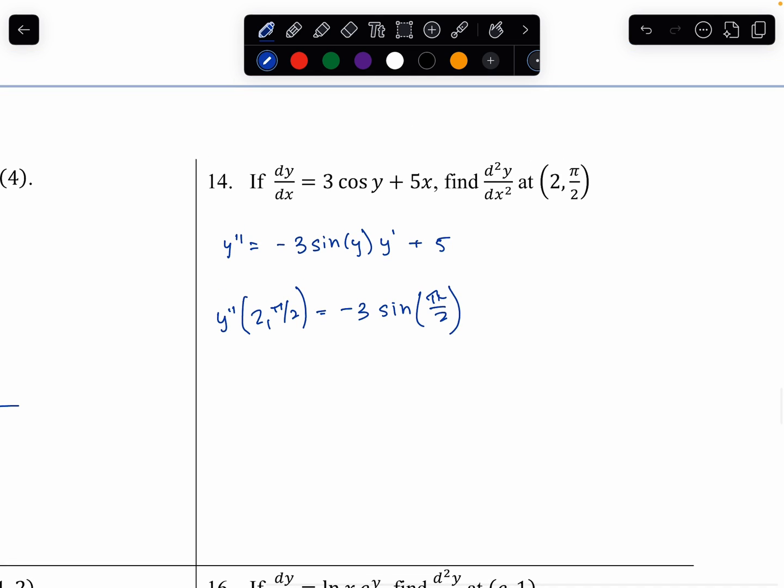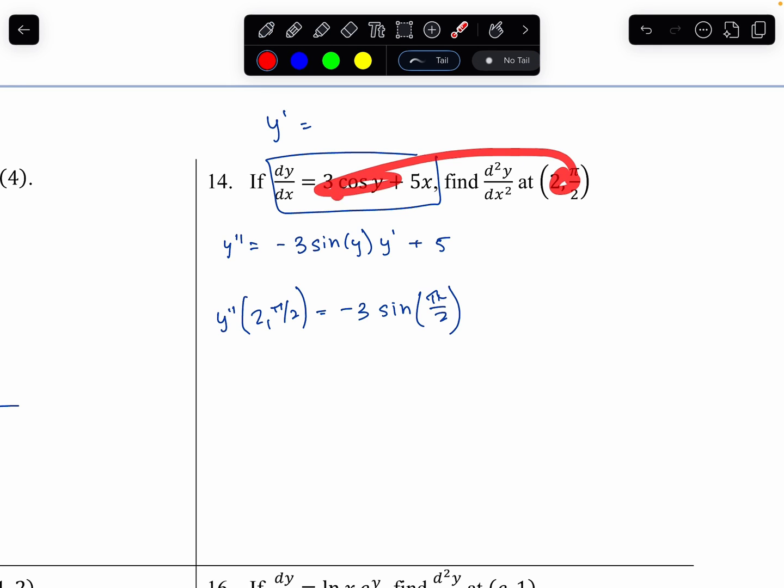Now for y prime, what am I going to plug in? Well, this is y prime right here. So I'm going to plug in this point right here for the value of y prime. So I'll say y prime at 2 comma pi over 2.